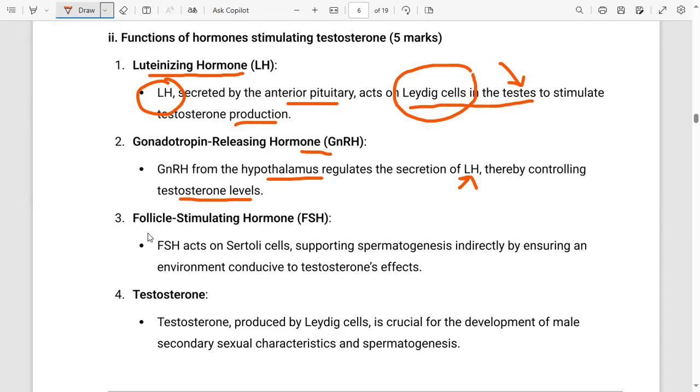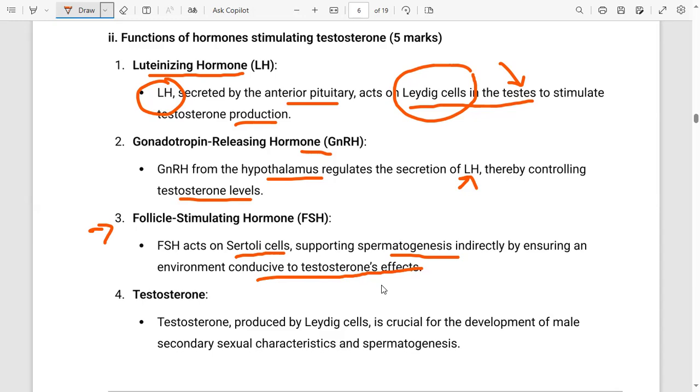And then the third hormone to consider is what we call the follicle stimulating hormone, or FSH. So what does this FSH do? This FSH acts on what we call the Sertoli cells, supporting spermatogenesis indirectly by ensuring an environment that is conducive to testosterone's effects.